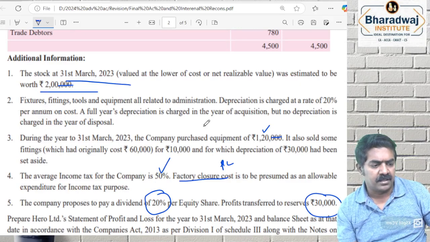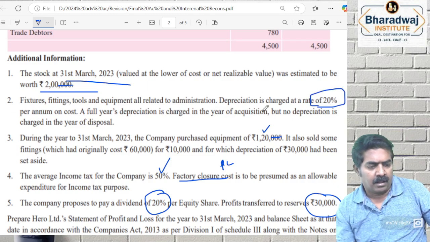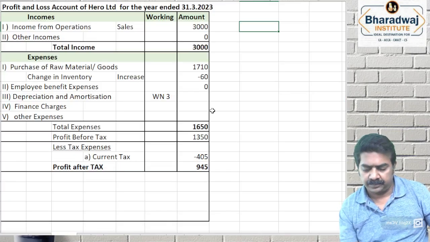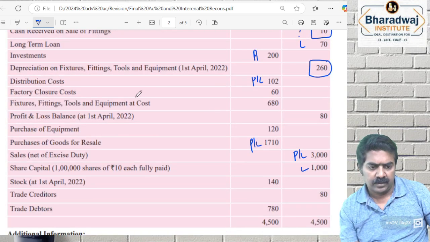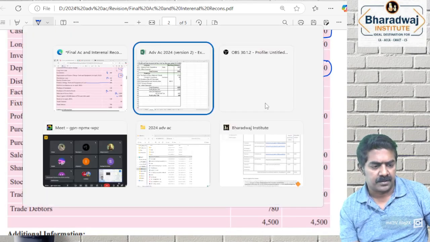Depreciation is charged at 20% on cost. What are the assets? What is the cost of the asset? 680,000.